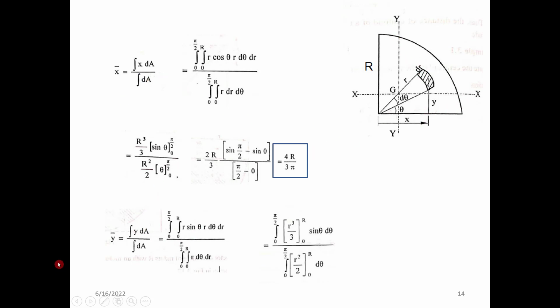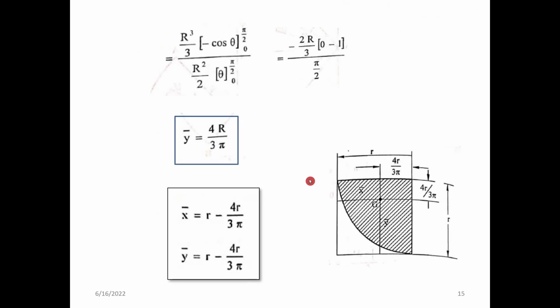Only the x has to be replaced by the y, so r cos theta changes to r sin theta. Everything else is the same, and you can perform the integration and you will end up with the same value, 4r by 3 pi, for y bar. So for a sector, x bar and y bar are both equal to 4r by 3 pi.